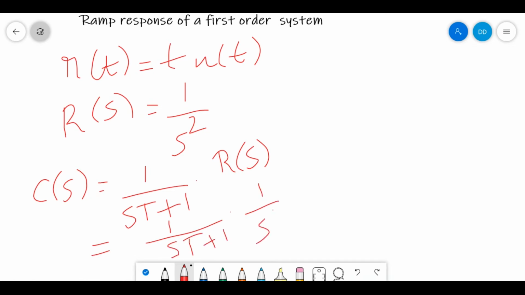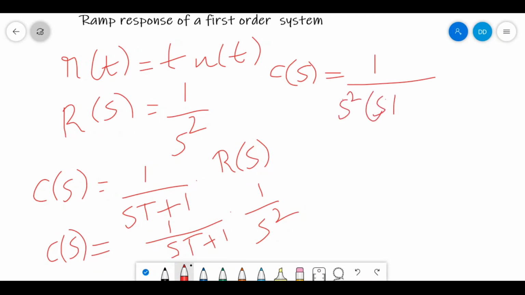Again, we can observe that we cannot find the inverse Laplace, or we cannot find c of t directly, because we have in the denominator a square term. So we need to go for the partial fractions. So C of s is equal to 1 by s square into (sT plus 1), which can be written as A by s square plus B by s plus C divided by (sT plus 1).